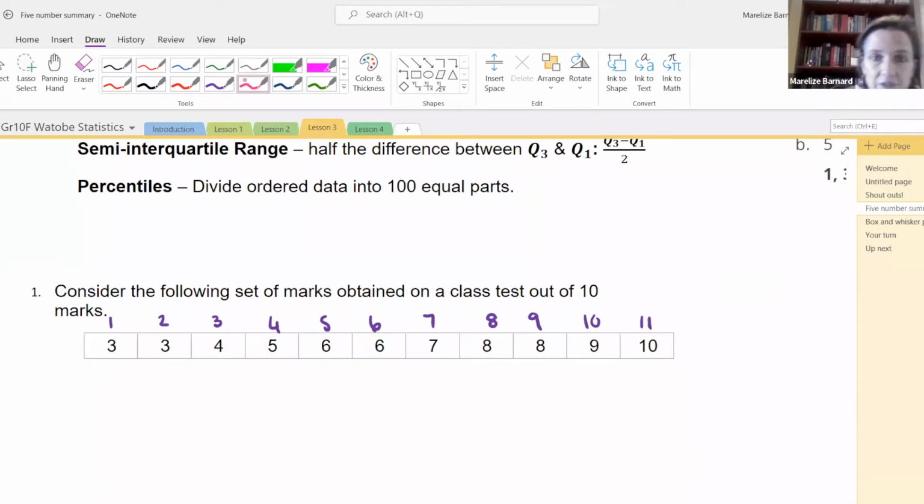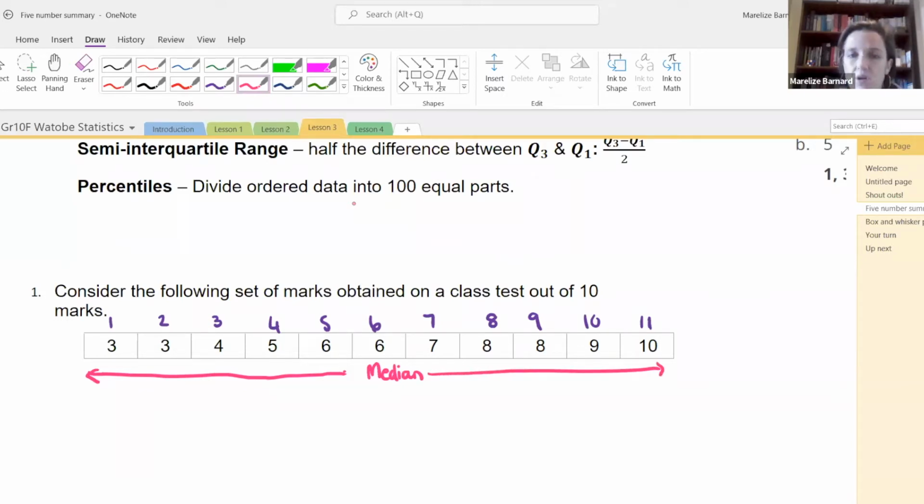Let's take a different color. Now we've divided our data in half. That is the lower half of the data, and from here onwards is the upper half of the data. Now we're going to look at just this side of the data and divide that into a half.